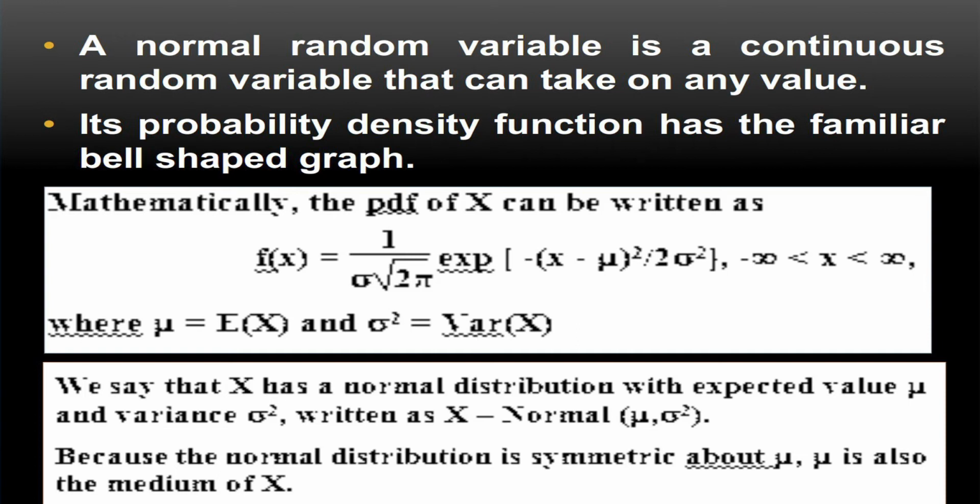Here mu is the expected value of x and the variance of x is denoted by sigma square.